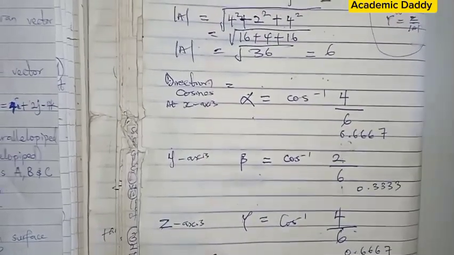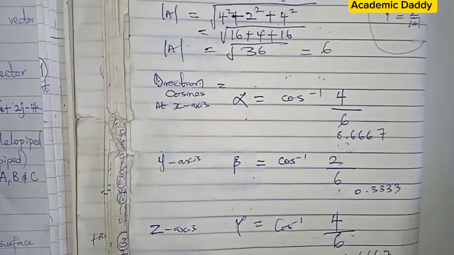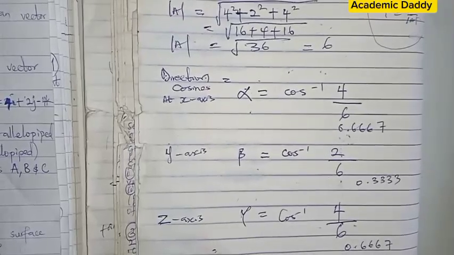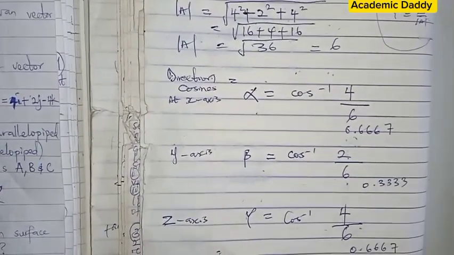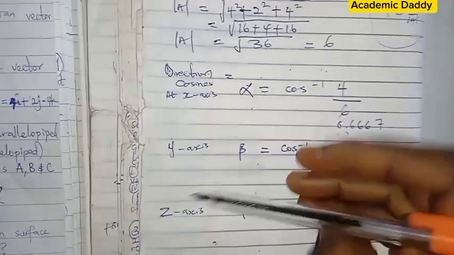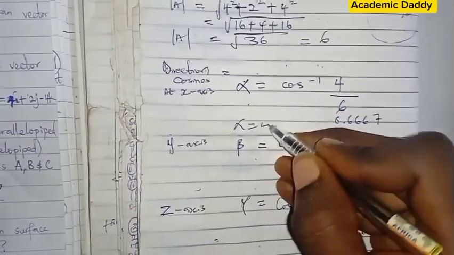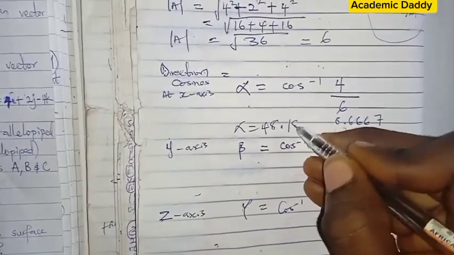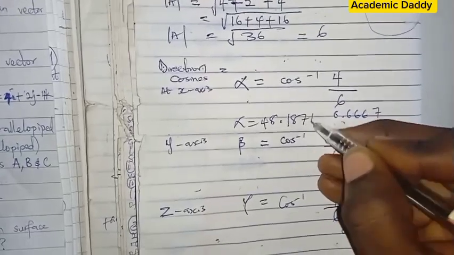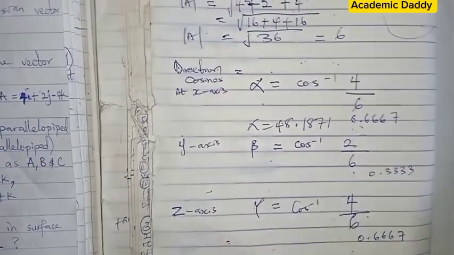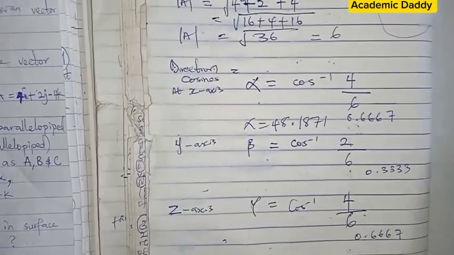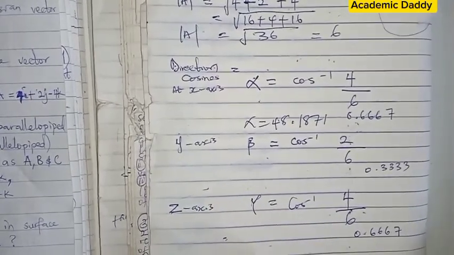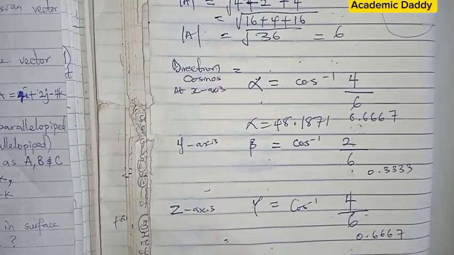So now what you do is shift cos 0.6667. For this one, alpha equals 48.1871. Then again, shift cos 0.3333.